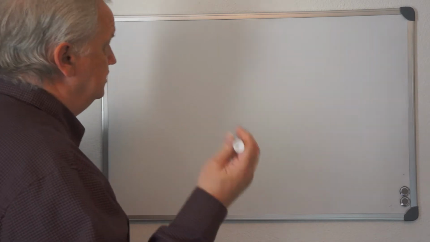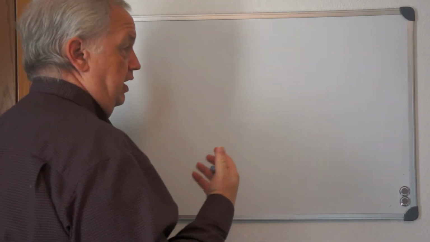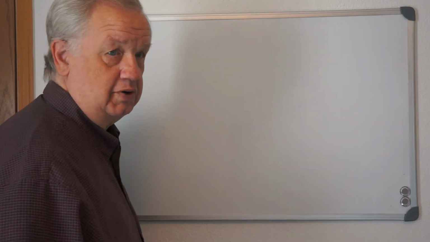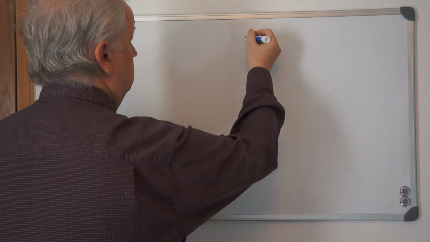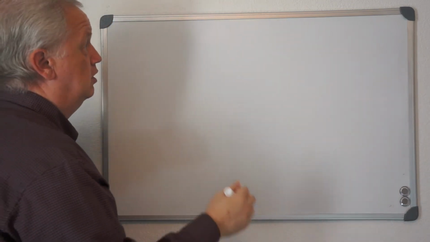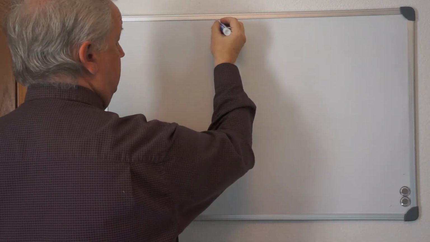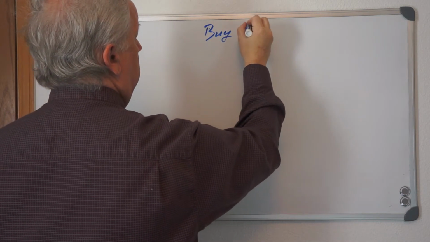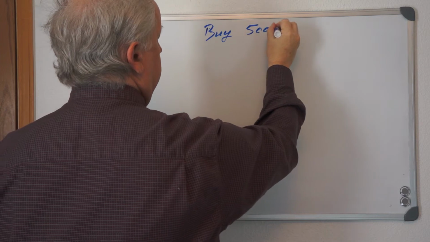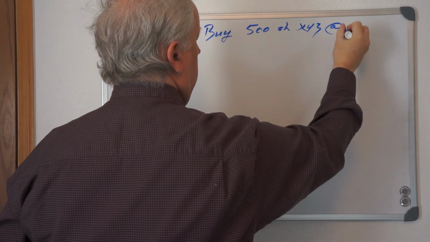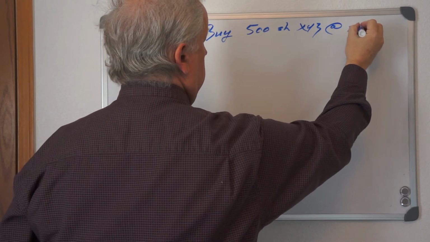So let's take a look at a typical trade. I'm going to work this as we go. I'm not on script here or anything. I'm going to work it out as you have to work it out on the test. So your customer is going to buy 500 shares of XYZ at 30.